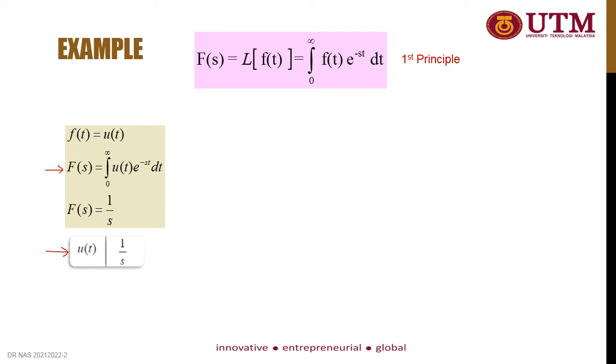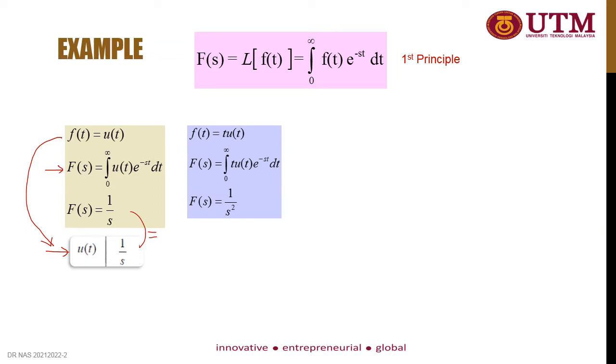When you refer to the Laplace transform table, u(t) is given by 1 over s. So it produces the same answer. Therefore, you can solve the time domain function in the s domain either by using the first principle or simply by referring to the table.